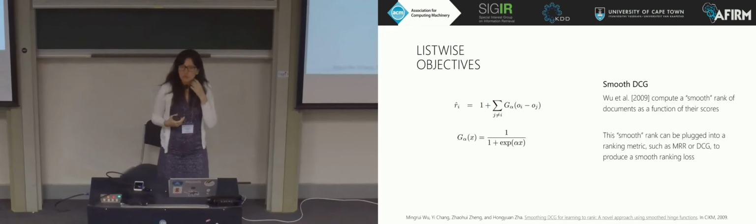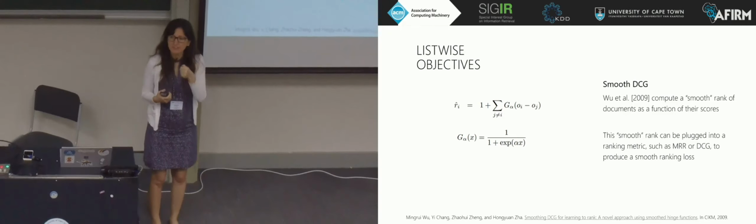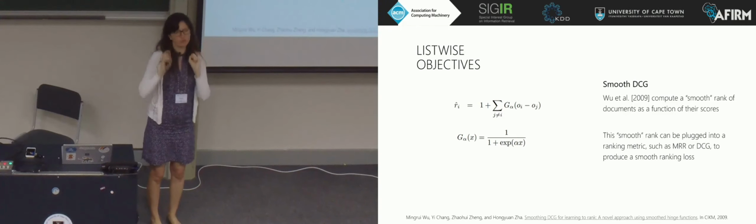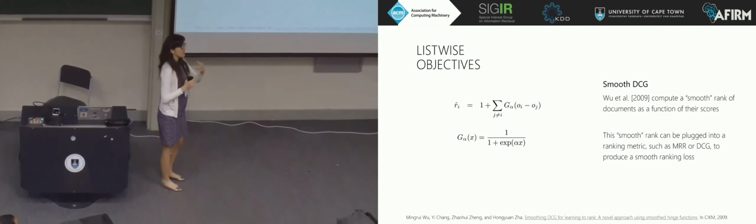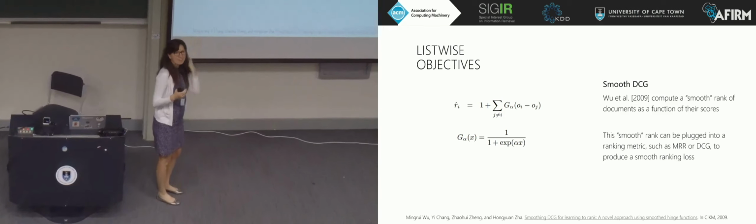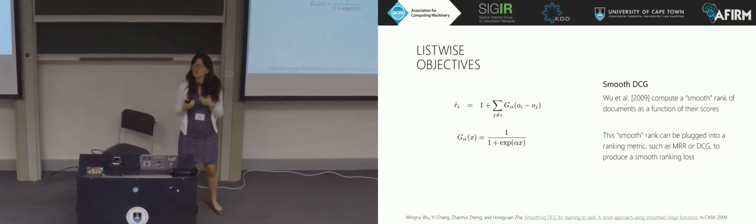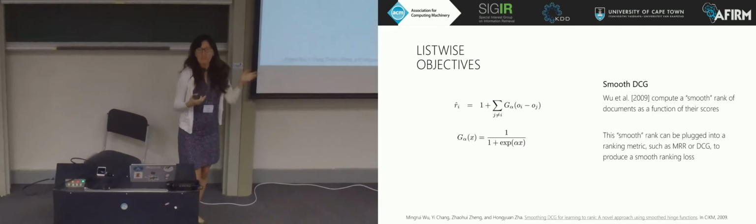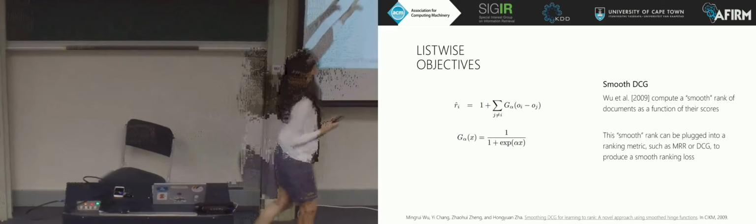Another way of doing it could be, instead of assigning a document to a particular rank, to compute a smoother version of it, where each document is assigned some rank that doesn't necessarily have to be an exact value. So it could be a distribution over ranks, which is soft rank, which I won't talk about now, or it could be some smooth rank value.